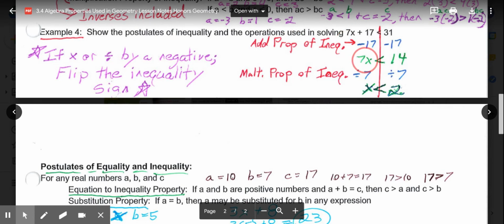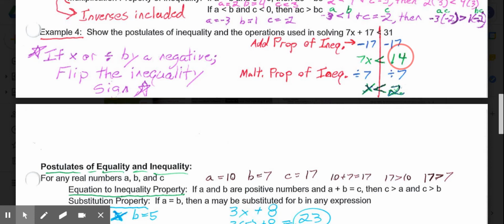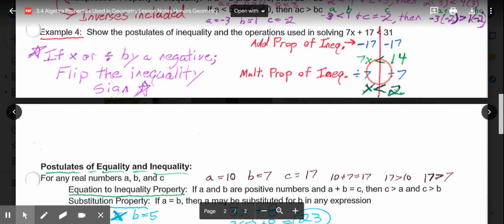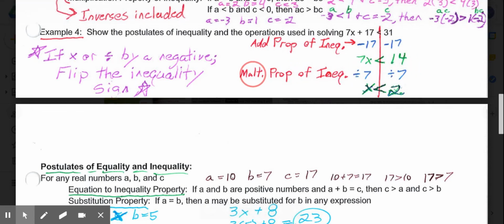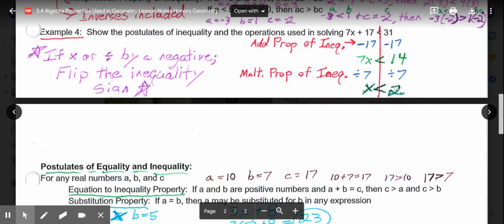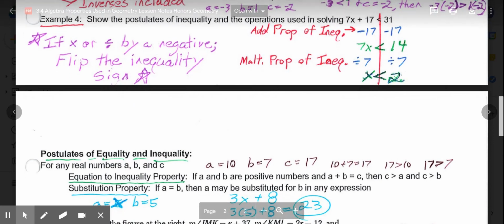Then we're left with 7 times x is less than 14. So divide both sides by 7, which is the multiplication property of equality, giving us x is less than 2. Then just a reminder, if you're multiplying or dividing by a negative, you're going to end up flipping that inequality sign.